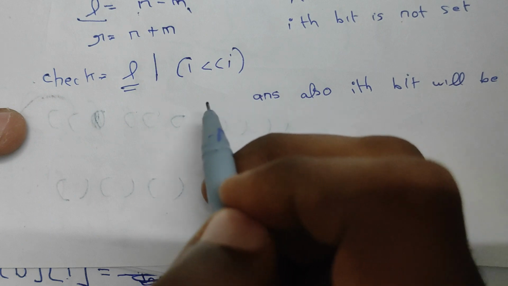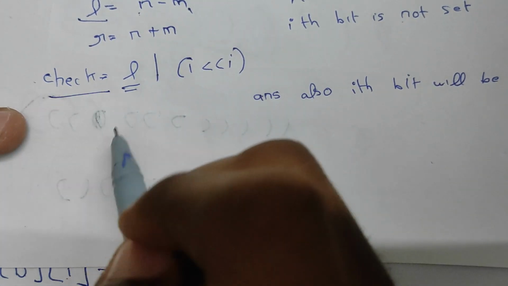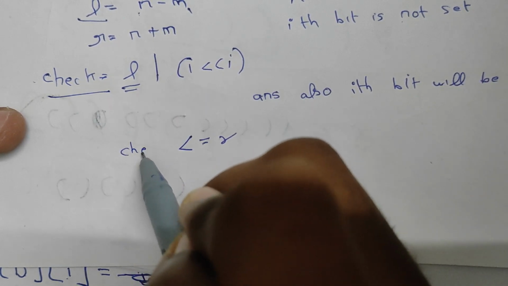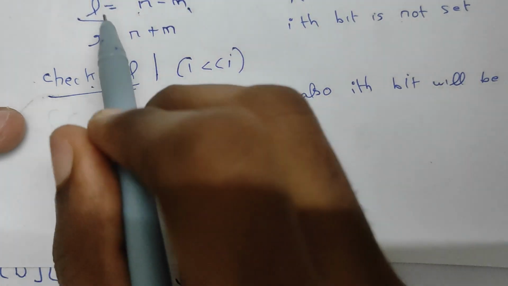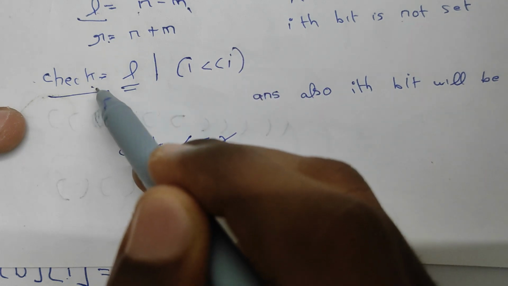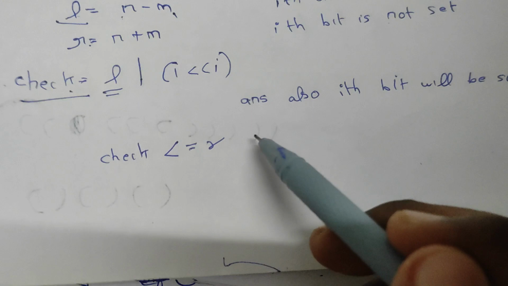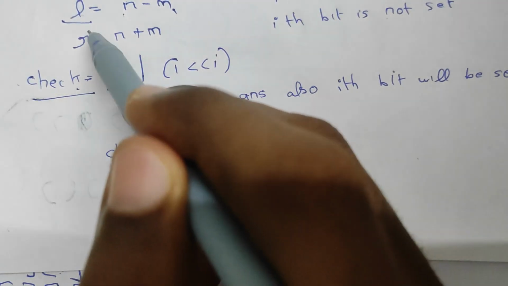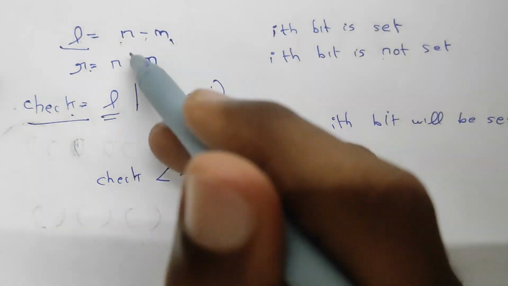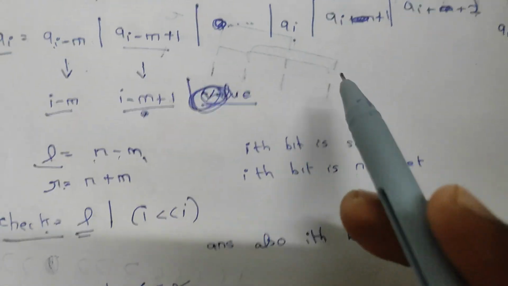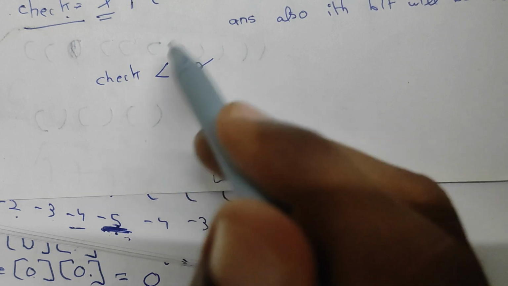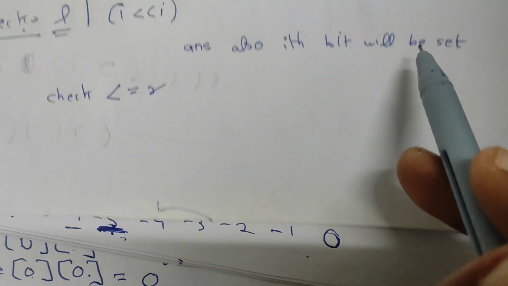Now I check whether this check value is less than or equal to R. If it is greater than R, it means we are using some value outside our bounds, outside the elements that we are considering. That's not valid. So if check is less than or equal to R, we can set the ith bit of the answer as well.